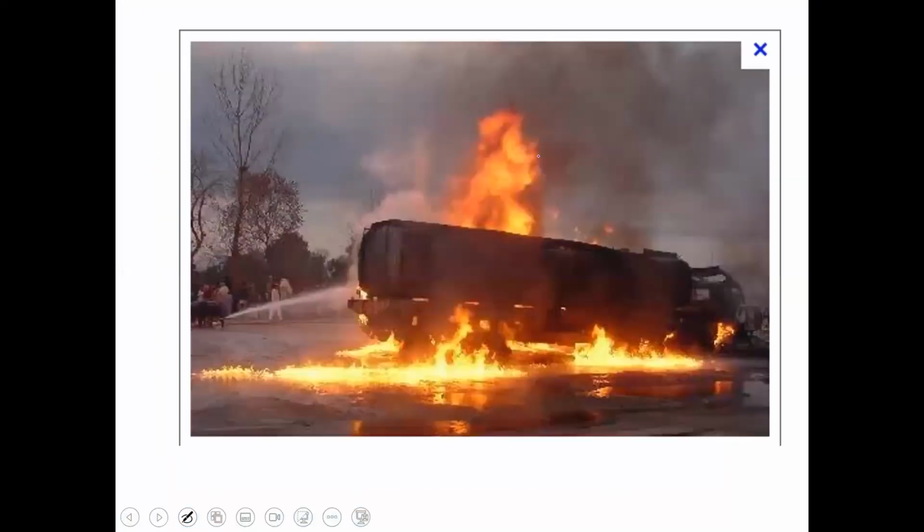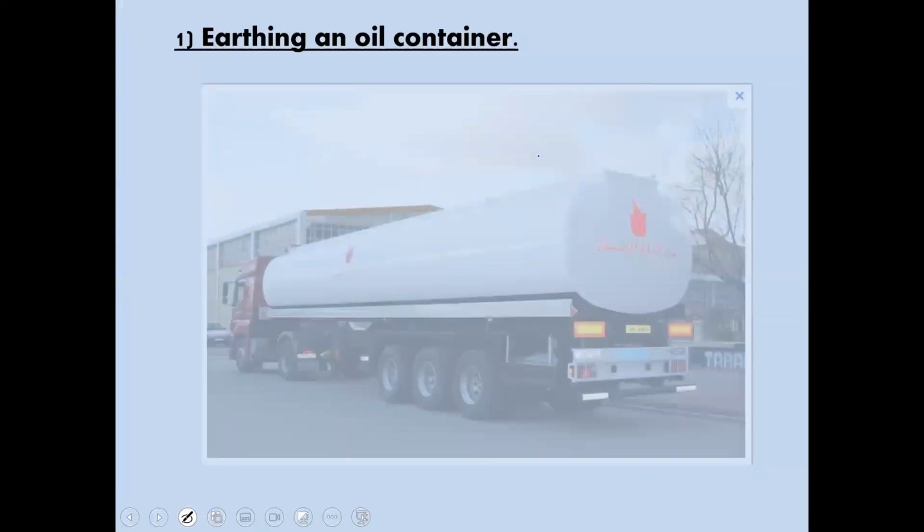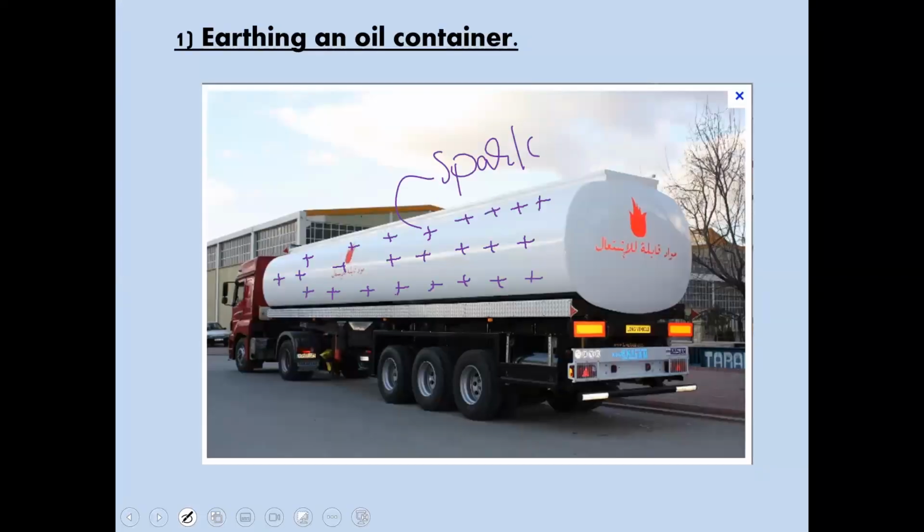So in order to protect the system, they take a metal chain and hang it at the back like this. This metal chain is touching the earth, and this actually does the process of earthing.